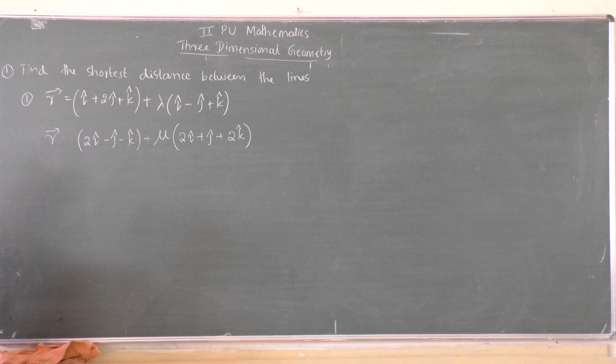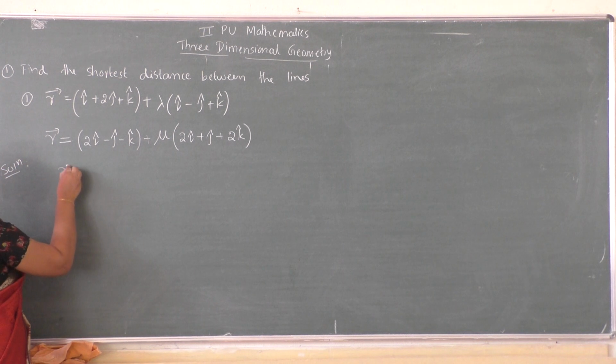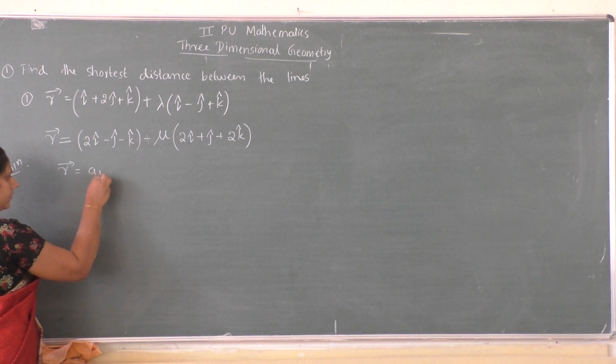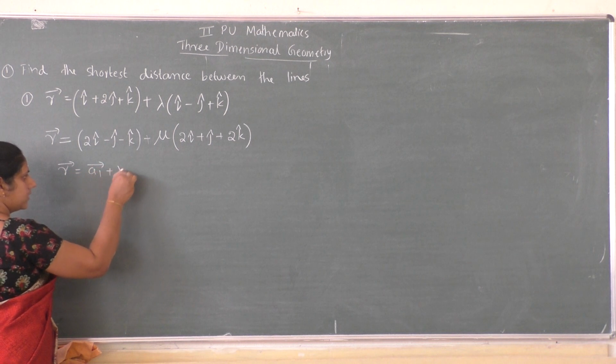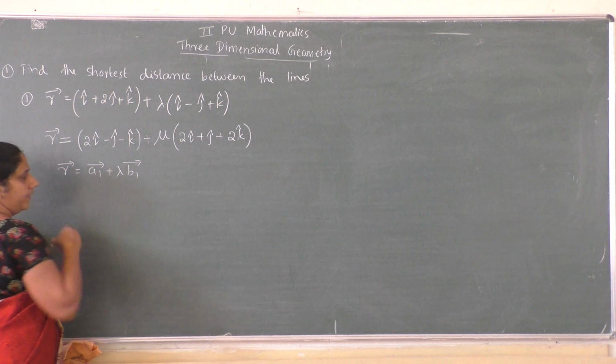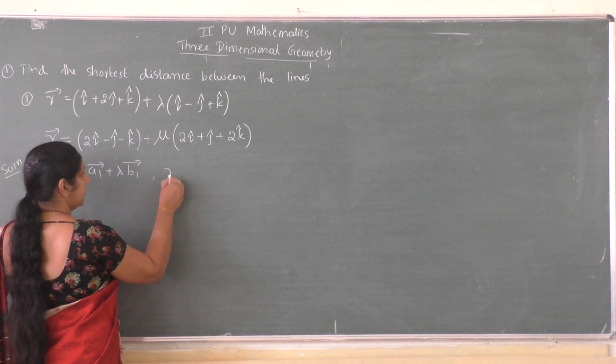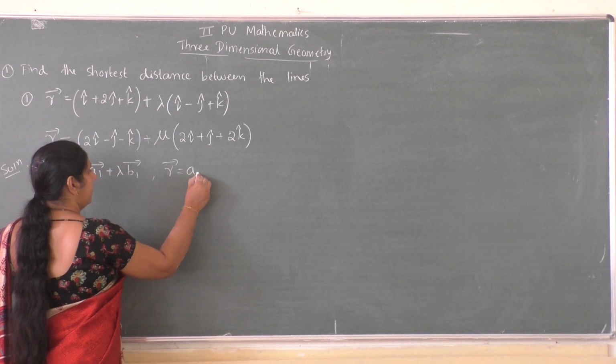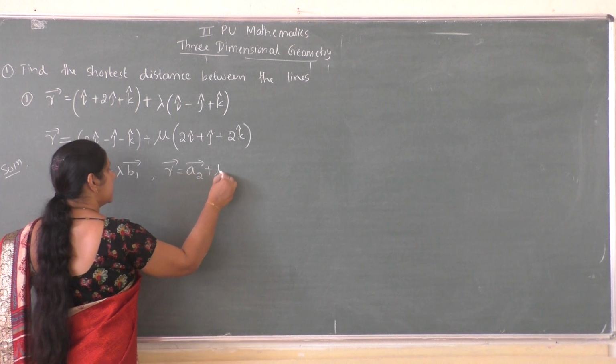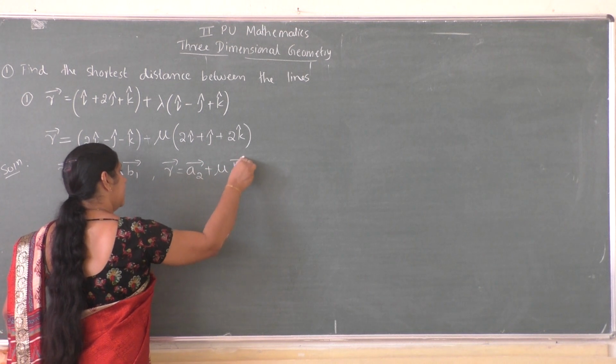So the given lines are skew lines. You have to compare these two equations with the standard equation. What is the standard equation? r vector equal to a1 vector plus lambda times vector b1, and the second equation is vector a2 plus mu times vector b2.